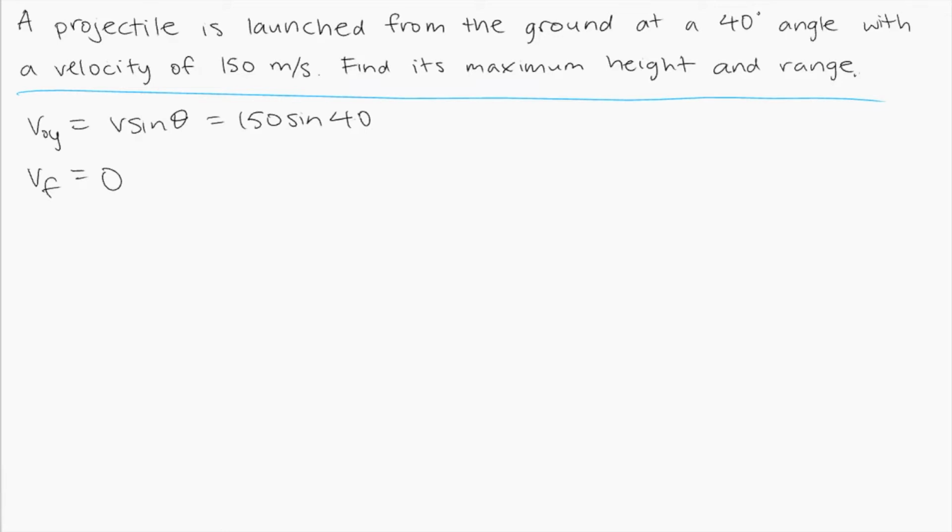So out of all our big five equations, the one that fits this the best would be this one because we have all the variables needed here except y, which is what we want to find. So we can start plugging in our values.